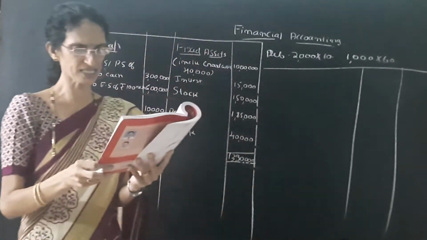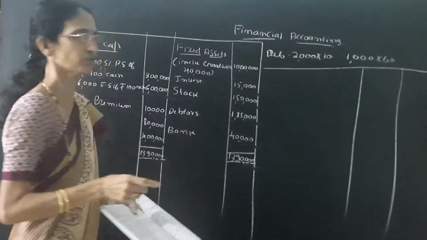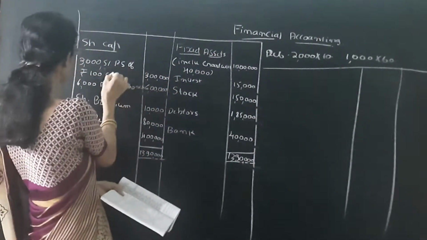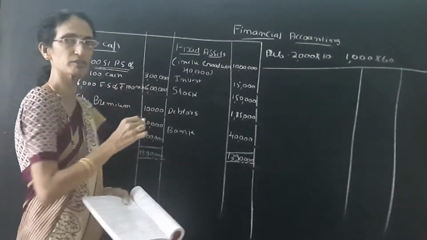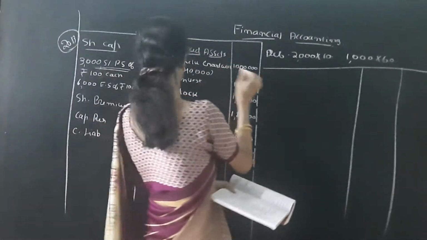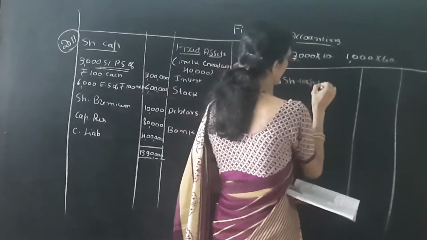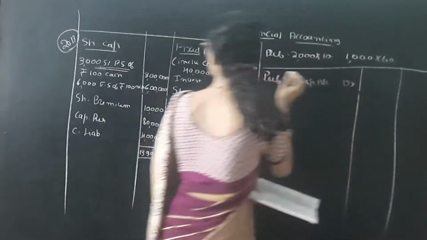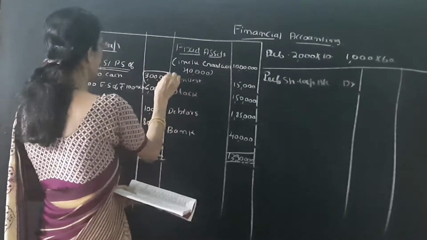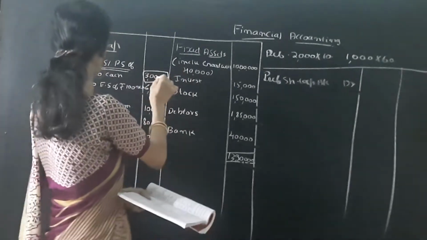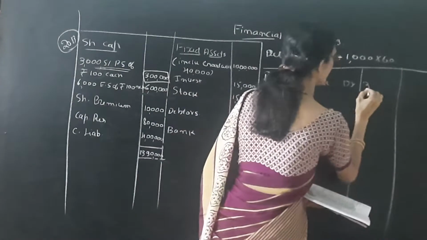So we can pass the journal entry. Now we have to reduce the preference shares. So we debit preference share capital account, with the amount given in the balance sheet, 3 lakh.